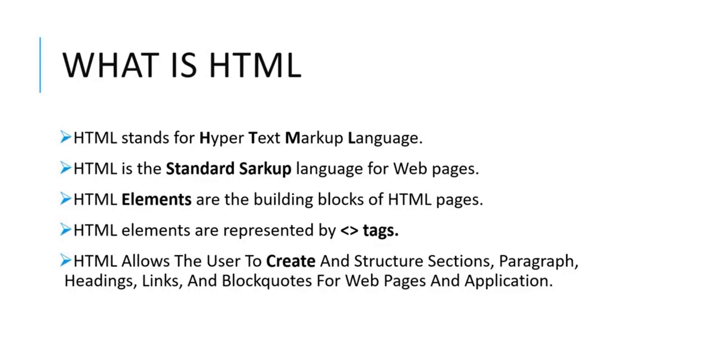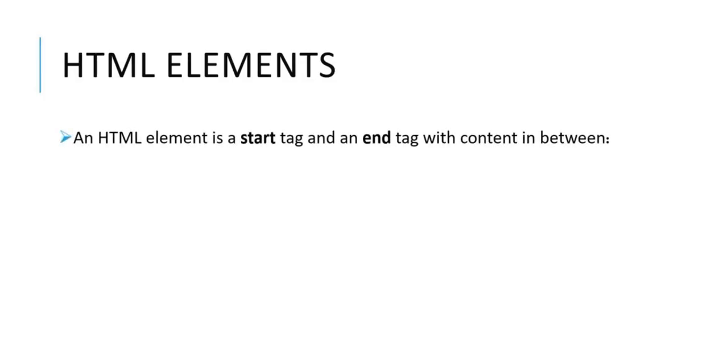So we'll start off with what are HTML elements. An HTML element is a start tag and an end tag with the content in between. So anything you call a prefix and suffix, where the prefix gives you an idea that this is the start of the thing, and the end tag gives you an indication that here it is terminated.